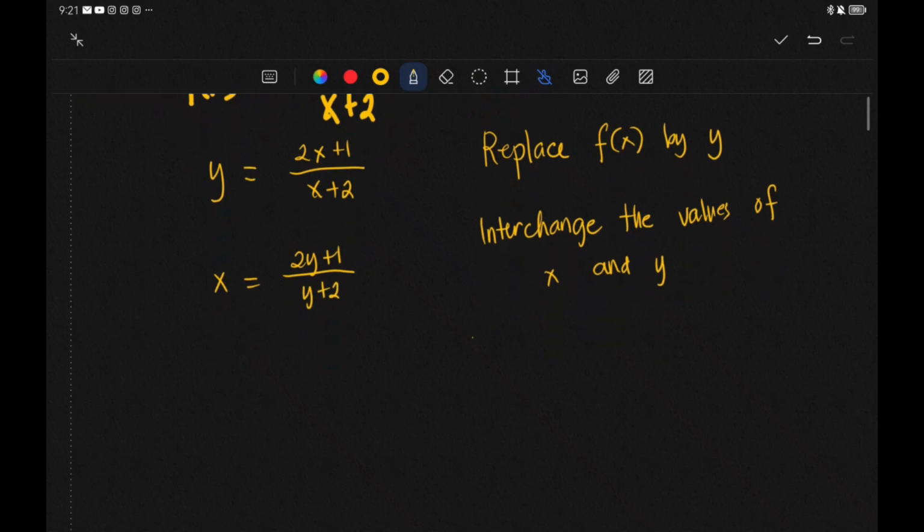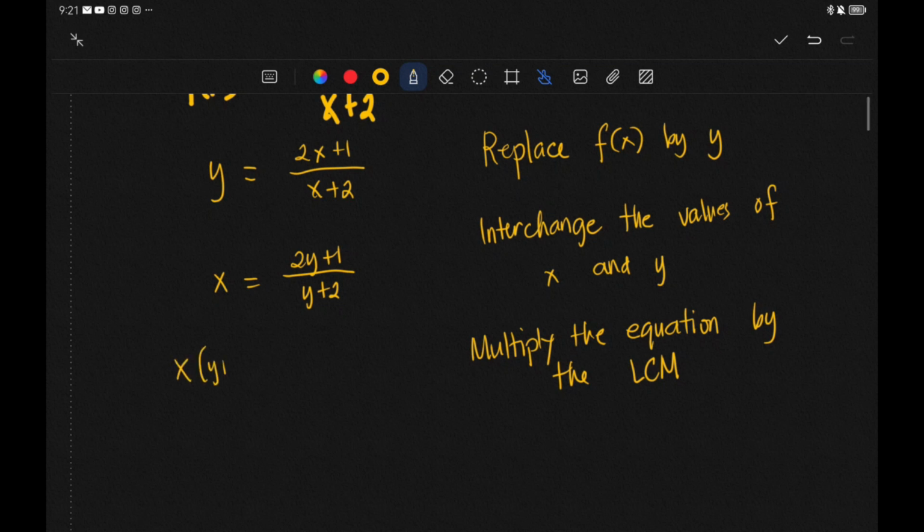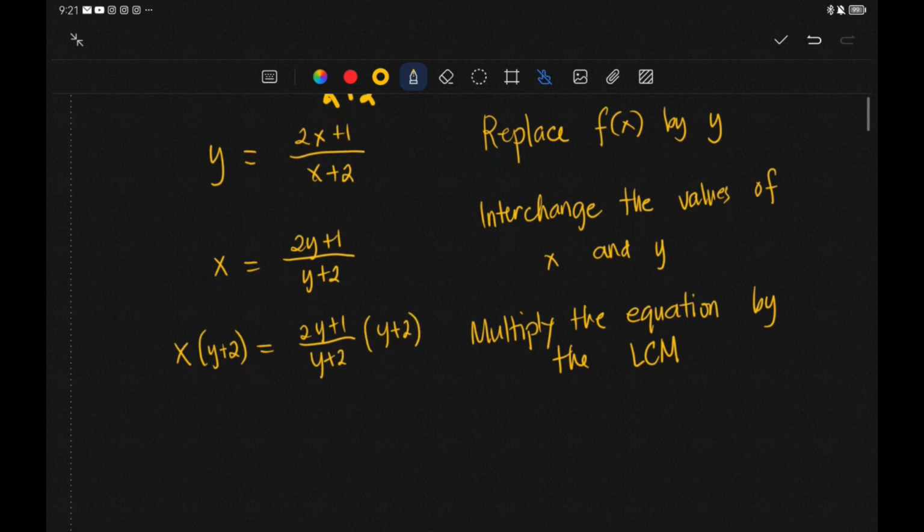Next step, you are going to multiply the equation by the LCM. So this is x times y plus 2 equals 2y plus 1 over y plus 2 times y plus 2.